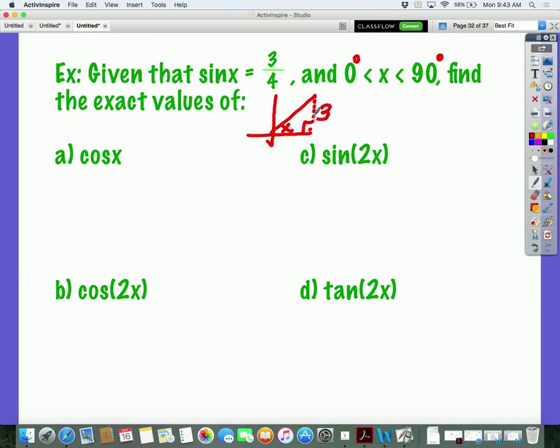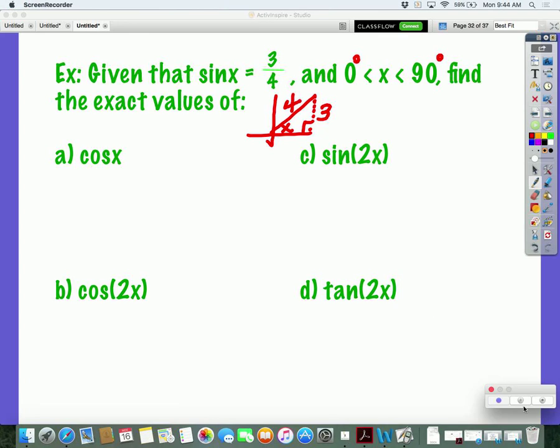So if this is 3, then this is 4. And if we're looking for the cosine of x, we could use the Pythagorean theorem to find that missing side. Do the Pythagorean theorem real fast to find the missing side. These are exact values, so no calculator or anything.